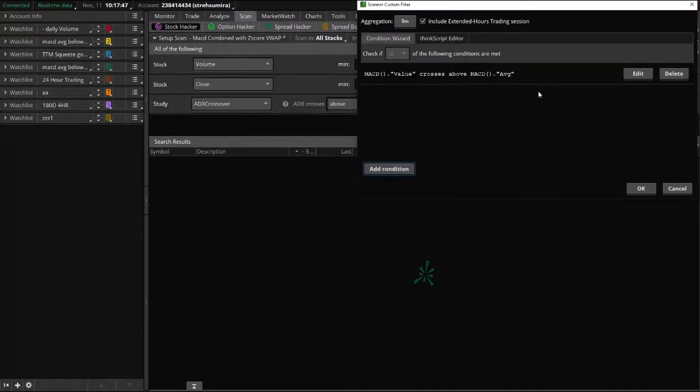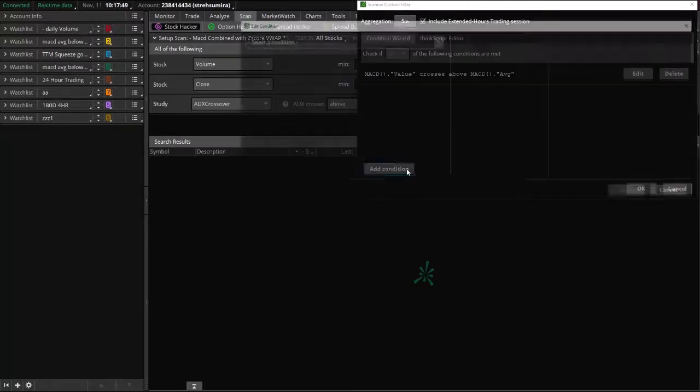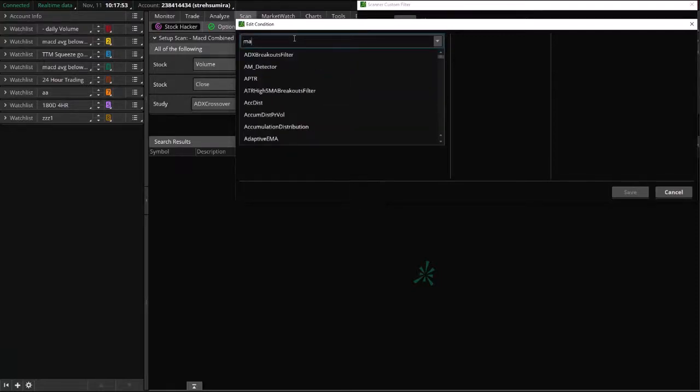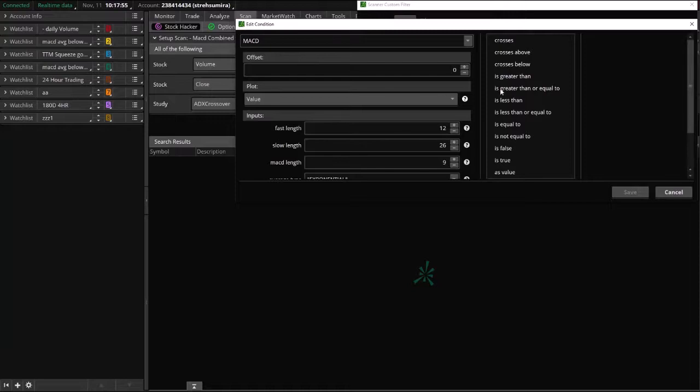Now we want this cross to be below the 0 line, so we're going to add the condition, and we are going to go study MACD. All right, let me think here for a minute again. I'm having a brain freeze.